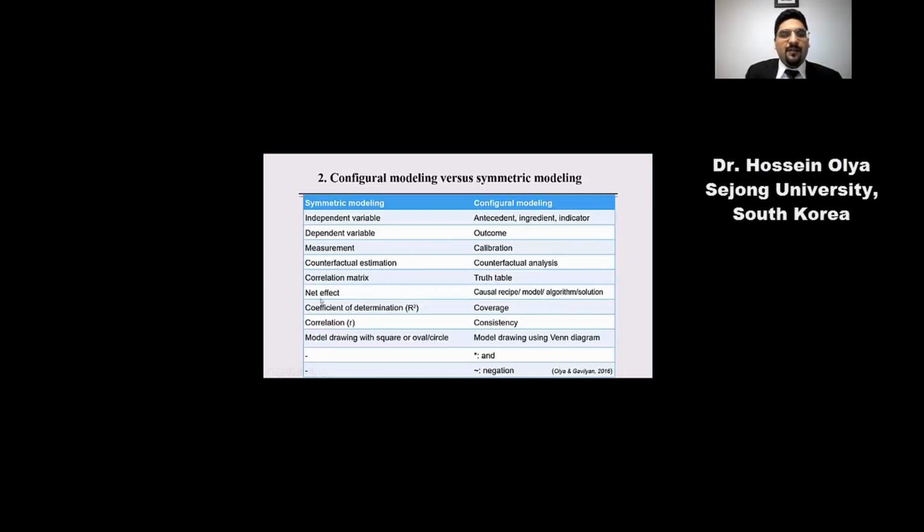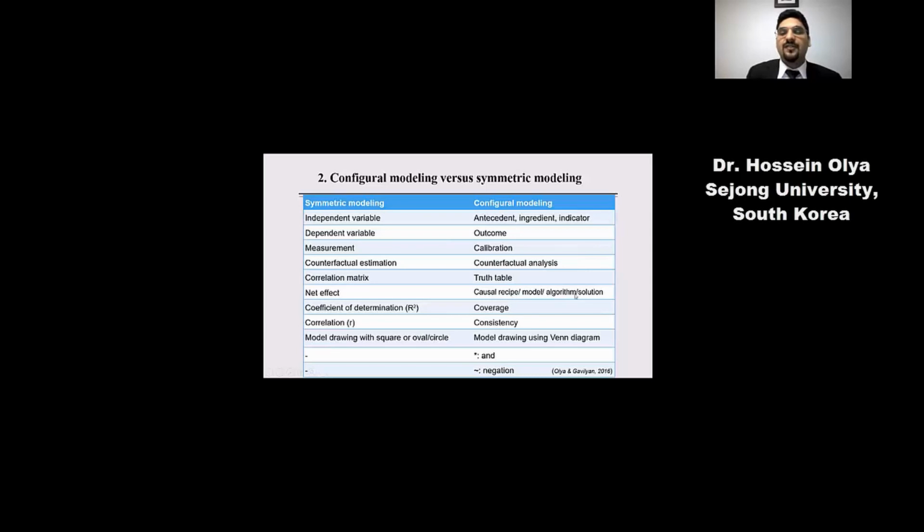In symmetrical modeling, we have net effect, which means the effect of each factor. Here, we have a causal recipe, causal model, causal algorithm, or solution. Many researchers use solution as a causal recipe or causal model when they believe that they are modeling a complex phenomenon.